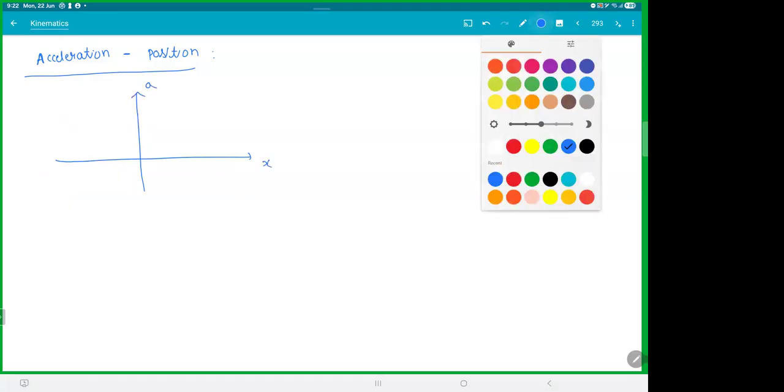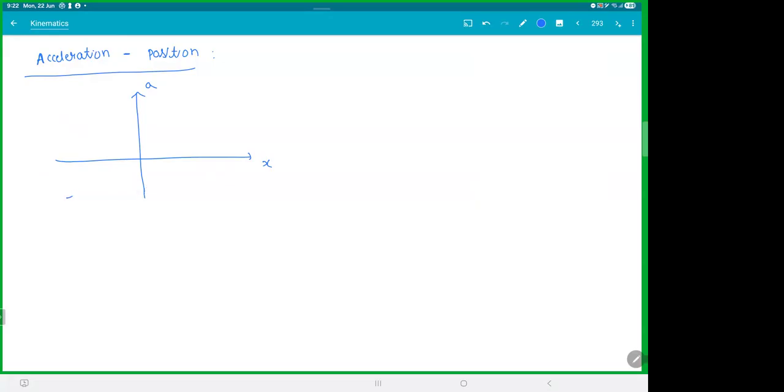Time can't be negative, but X can be negative. So if you have a graph like this, look at this. In the first quadrant, A is positive, X is positive. So this area is positive. In the third quadrant, A is negative, X is negative. This is positive. So A into dx is positive. In the second quadrant, it's a negative area because A is positive but X is negative. In the fourth quadrant, again, you get a negative area.